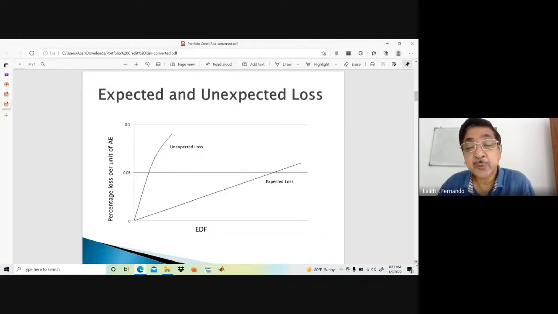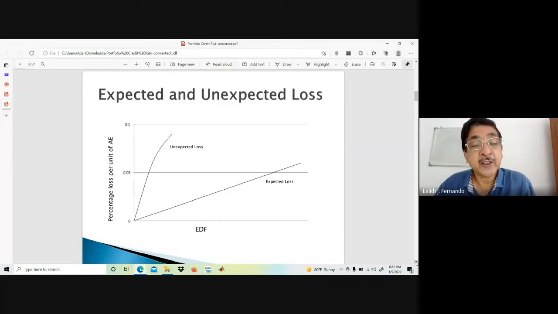And at the same time, you can see the gradient of the line is moderate. It is gradually increasing, a gradual type of increment.